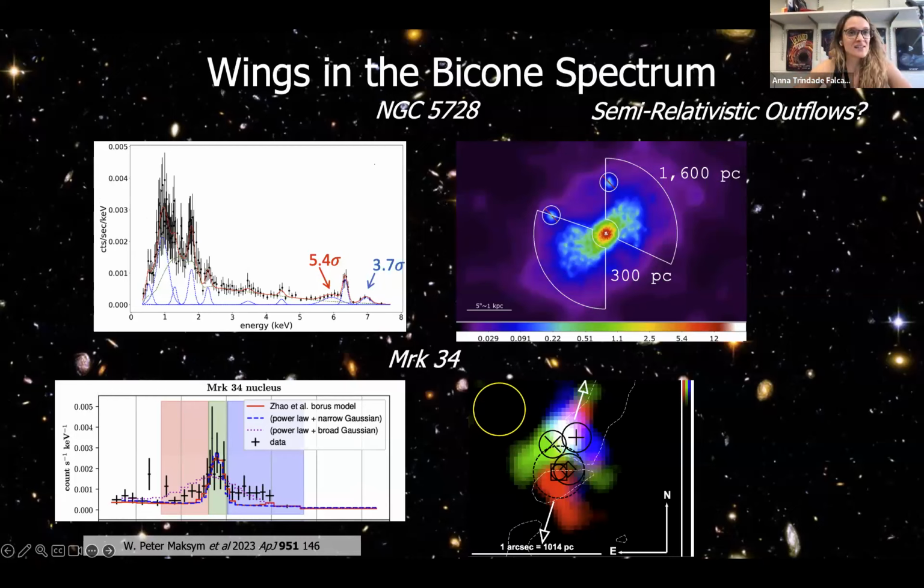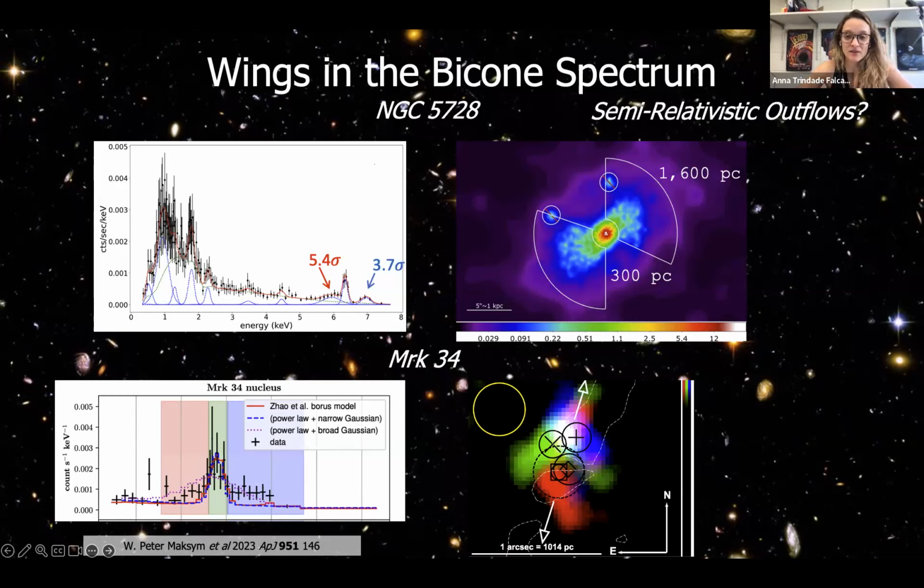So these features appear to the red and to the blue of the iron K alpha line, and they are so far unidentified. Similar features were reported by Peter Maksym in the recent Chandra study of Markarian 34, in which we call them spectral wings because they appear to be two wings to the iron K alpha line.